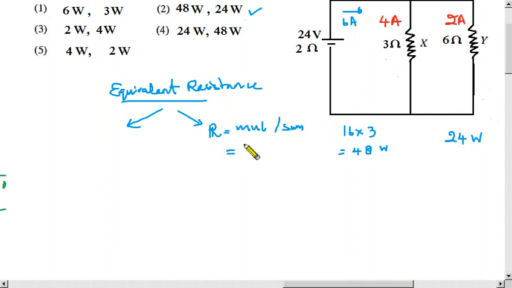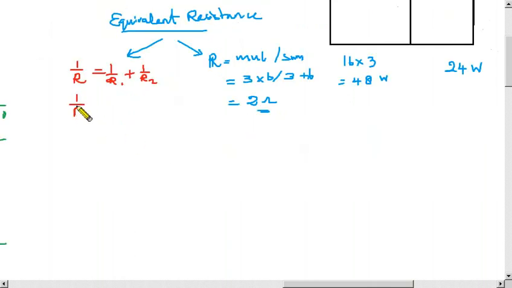Multiplication is 3 times 6 divided by 3 plus 6. Then you get 2. Or otherwise you can use 1 over R equals 1 over R1 plus 1 over R2. 1 over R equals 1 over 3 plus 1 over 6.